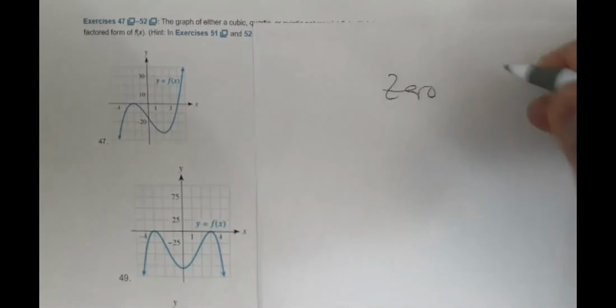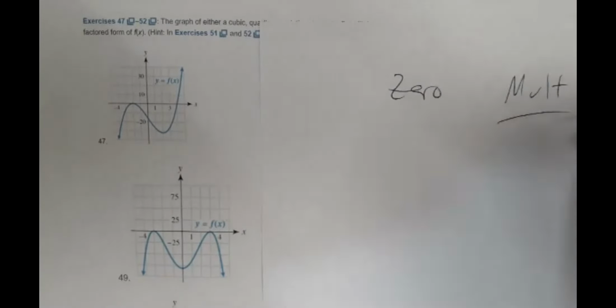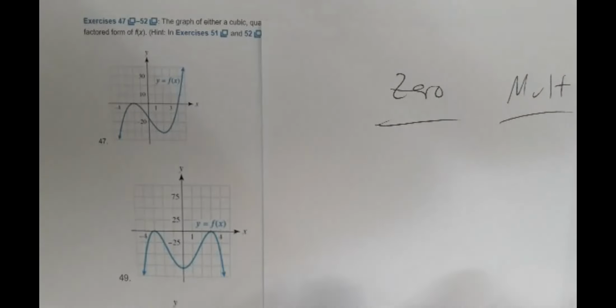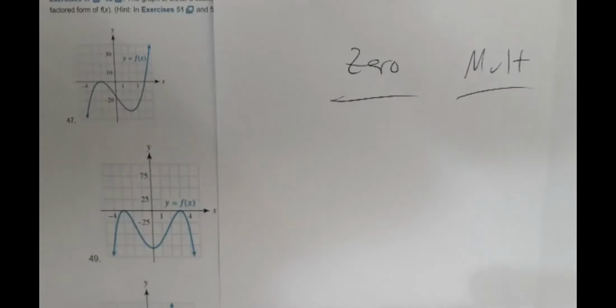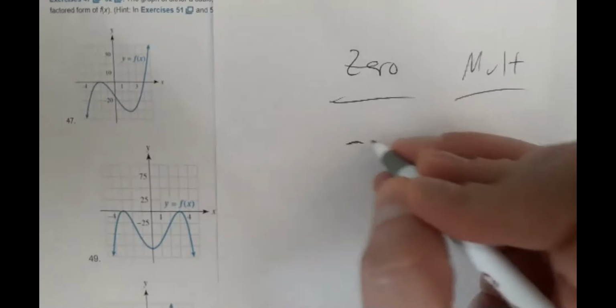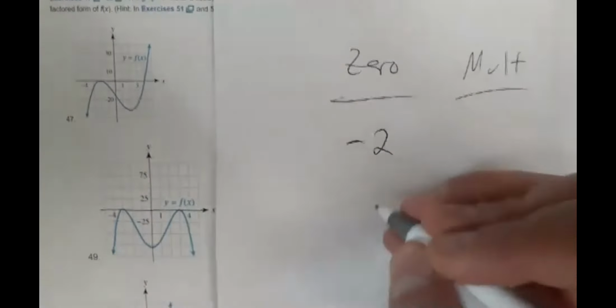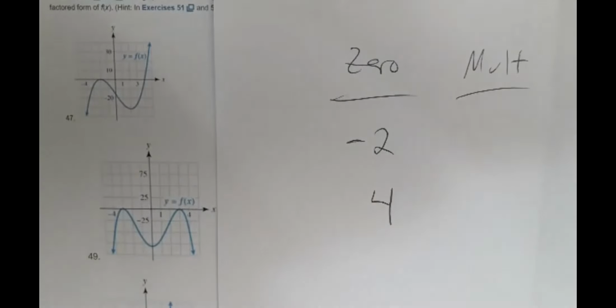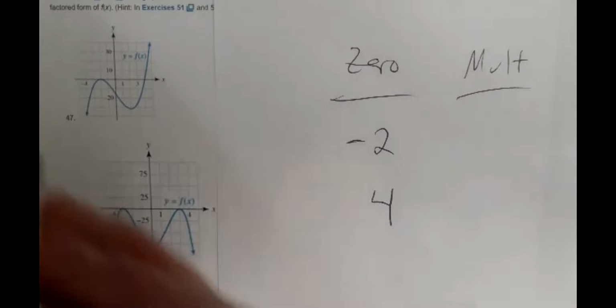I want my 2 zeros. -2, I think, is the first zero, and then 4 is my other 0. So reading from the graph, I hope you can pick out x equals -2 and x equals 4 off the x-intercepts.